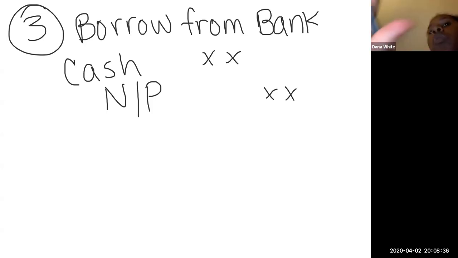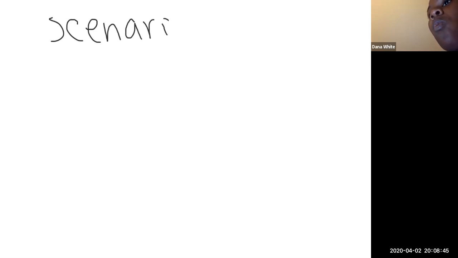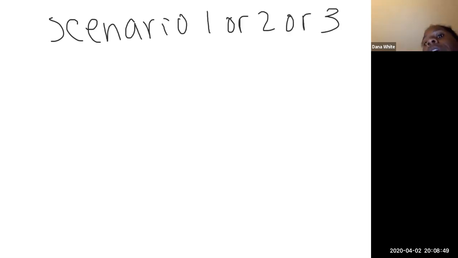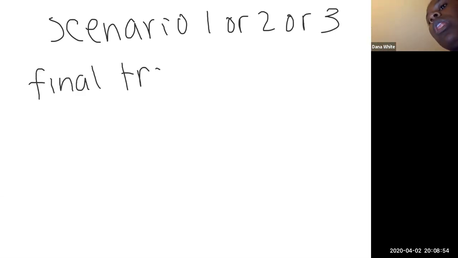All right, so no matter what scenario you have, no matter if it's scenario 1 or 2 or 3, it does not matter. The final transaction will look the same no matter which one you do.